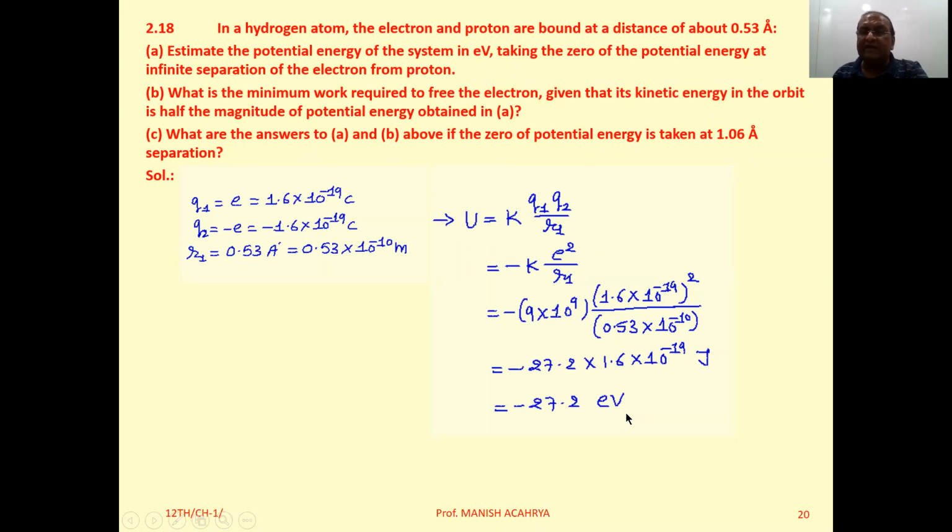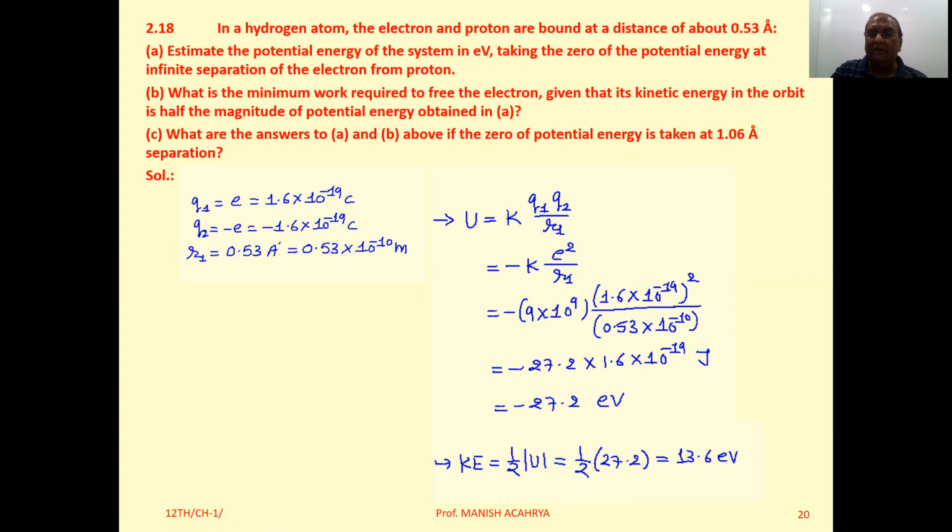Now, the kinetic energy in the orbit is half the magnitude of this potential energy, that is given to you. So kinetic energy is half of magnitude of U. So half of 27.2 is equal to 13.6 electron volt.